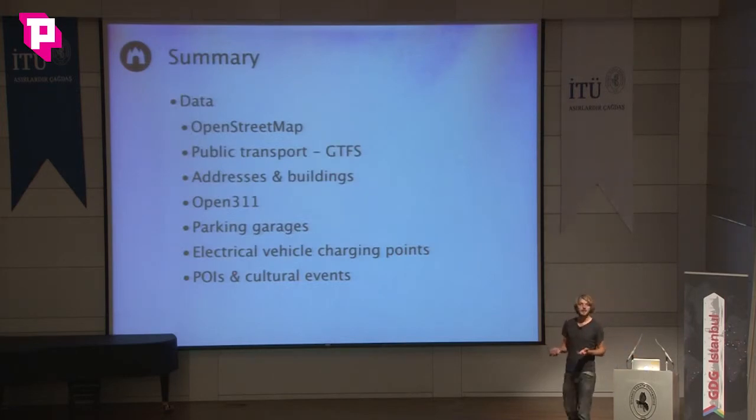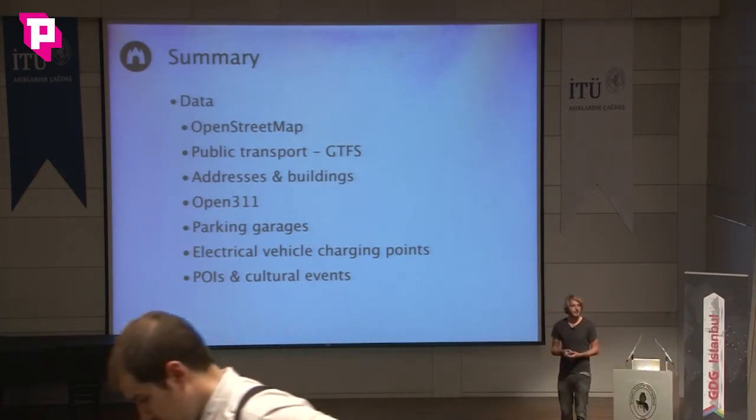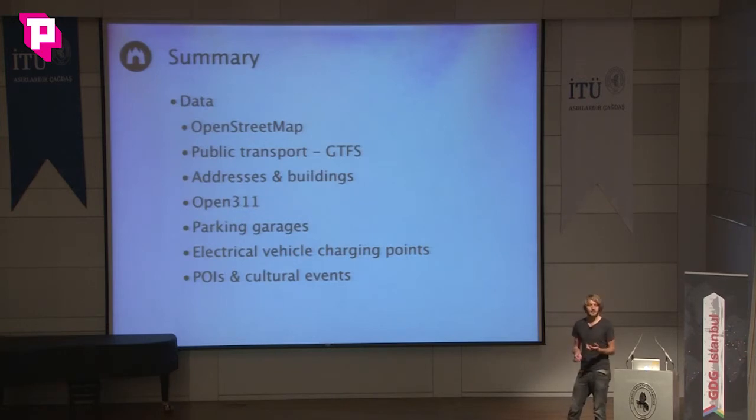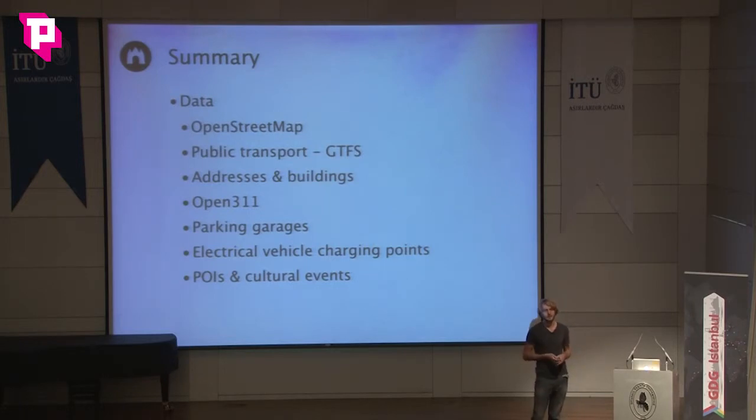Well, a summary of the data available now using CDSTK. We have OpenStreetMap, public transport information, real-time and static, so schedules and where the bus stops are, addresses and buildings, where you can park your car, where you can charge your electric vehicle, and much more. In Amsterdam we have the most data. In Istanbul we're just starting to fill the system with open data sets.